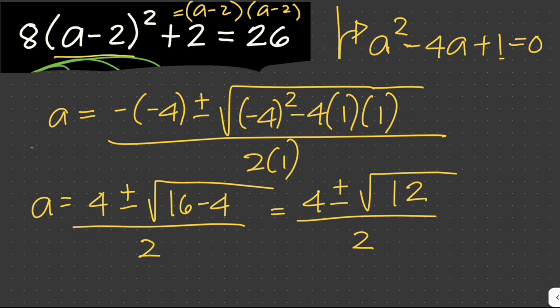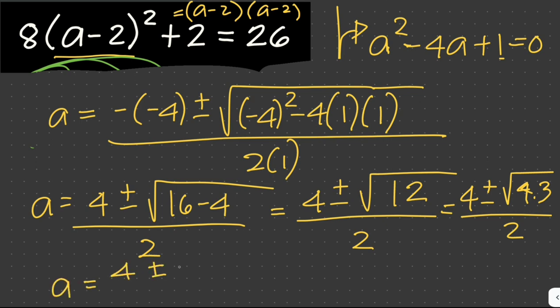So now 12, we can write 12 as 3 times 4. So this would be 4 plus or minus the square root of 4 times 3. And 4 here is a perfect square. Therefore, a is just equal to 4 plus or minus 2 square root of 3 over 2. And everything is divisible by 2.